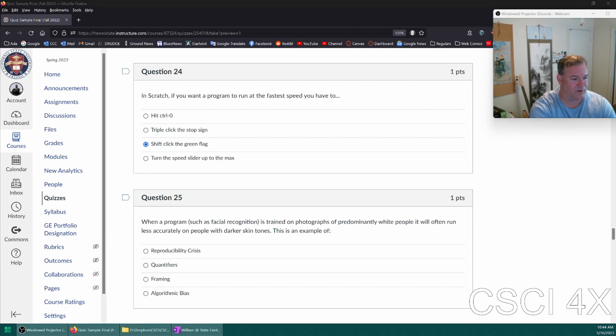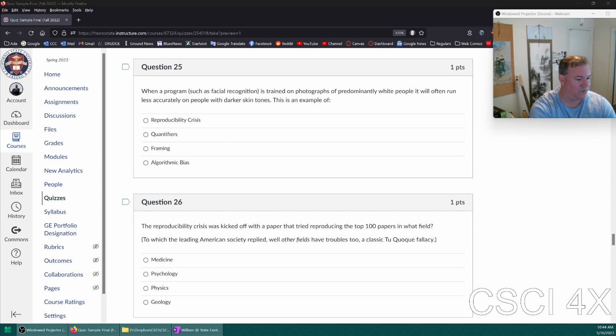So, when a program is trained on people with lighter skin and it fails to recognize the faces of people with darker skin, this is an example of what? Yeah, algorithmic bias.